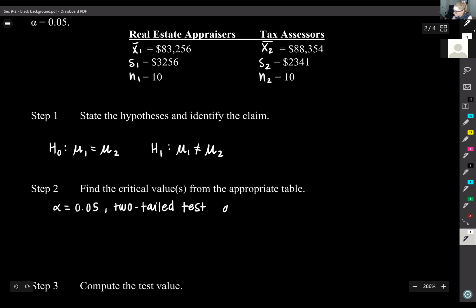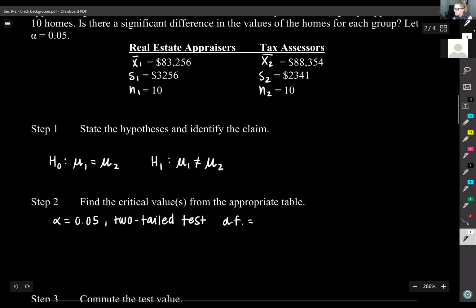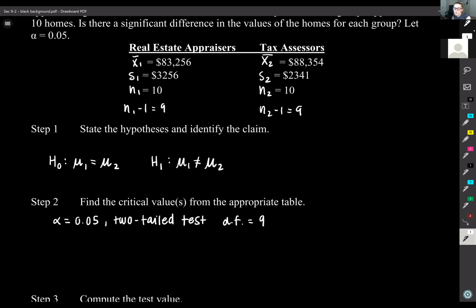And then remember, the degrees of freedom are going to be the smaller of n1 minus 1 and n2 minus 1. N1 minus 1 is 9, and n2 minus 1 is 9. So they're the same, which means the degrees of freedom is 9. If they were different, we would have taken the smaller of the two.